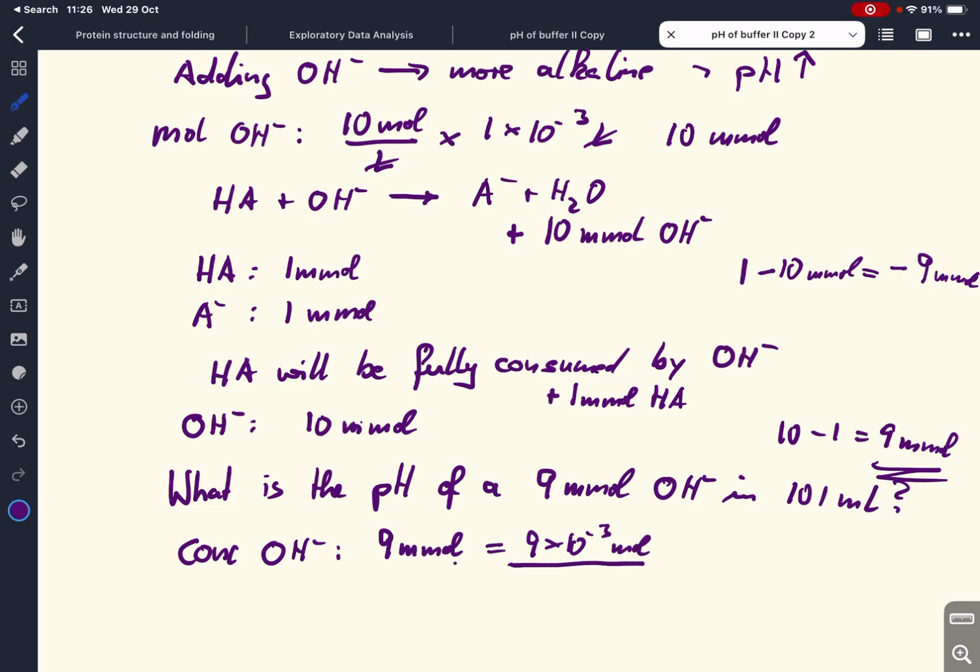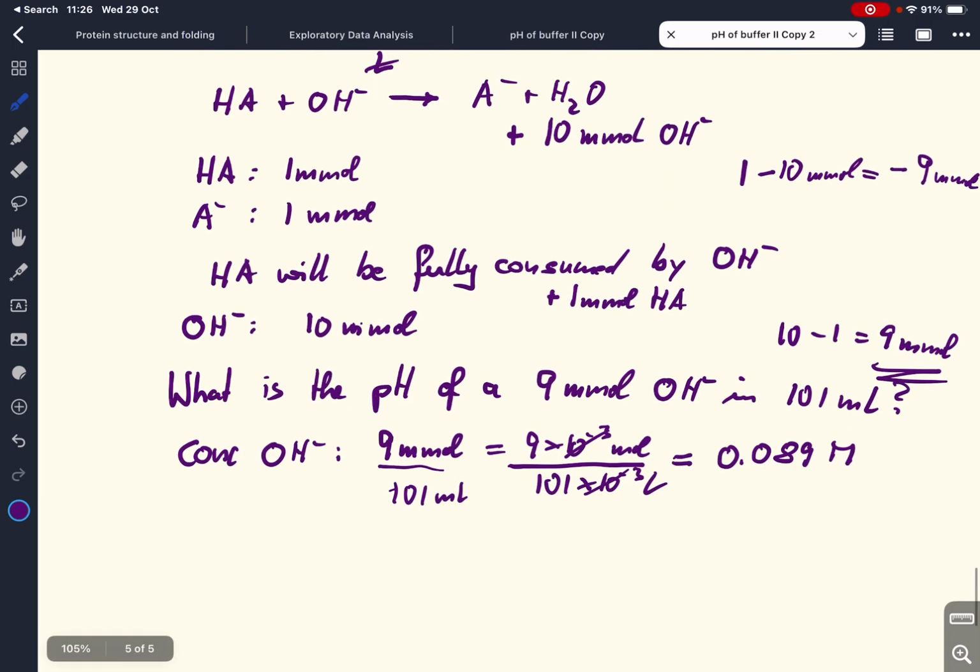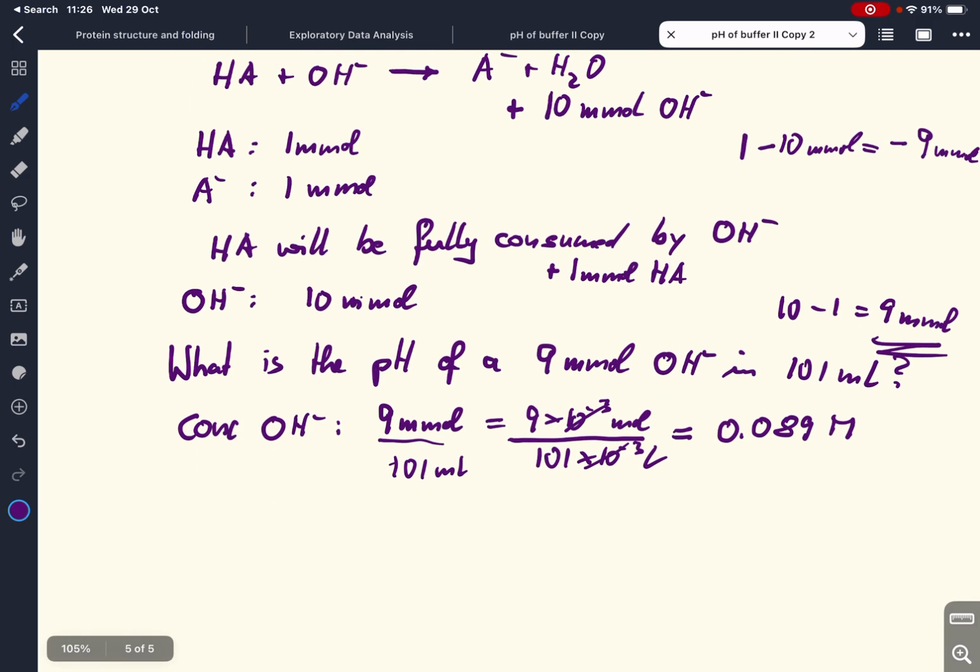And we've got that in 101 milliliter, which we write as 101 times 10 to the minus 3 liter. So that cancels out, and we have 9 over 101, which gives us roughly 0.089 molar. So that would be our concentration of the OH minus.